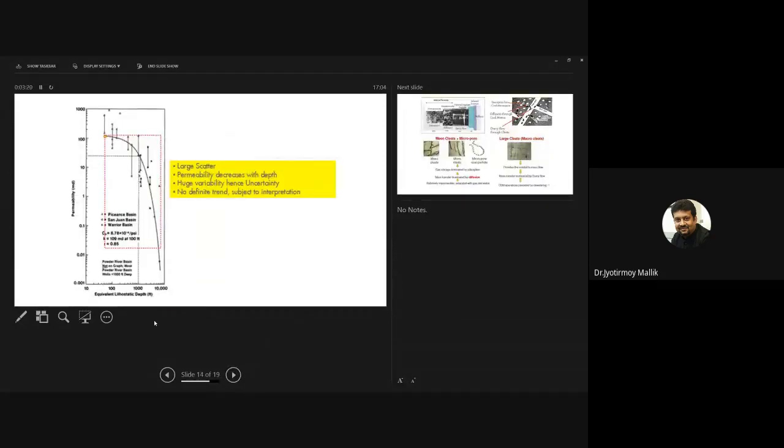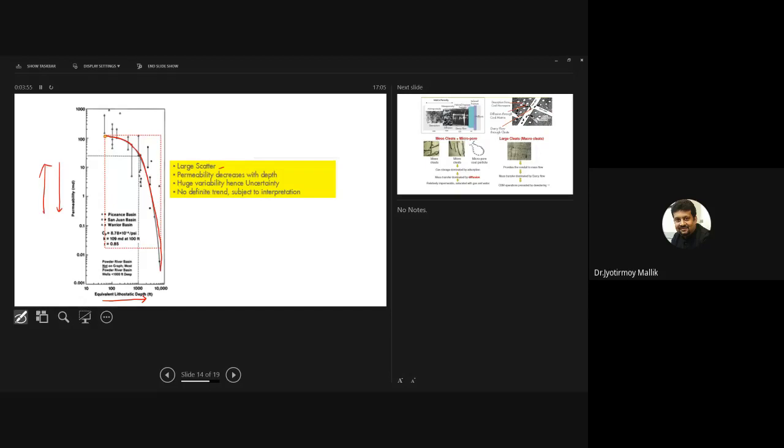Now, one thing that we wanted to talk about is how coal permeability varies with depth, and this is a good representation of such data. What you can see here, on the x-axis depth is increasing, and on the y-axis permeability is decreasing this way and increasing this way, and this is how the relationship goes. It's quite asymptotic. You can see that with depth permeability decreases, right?